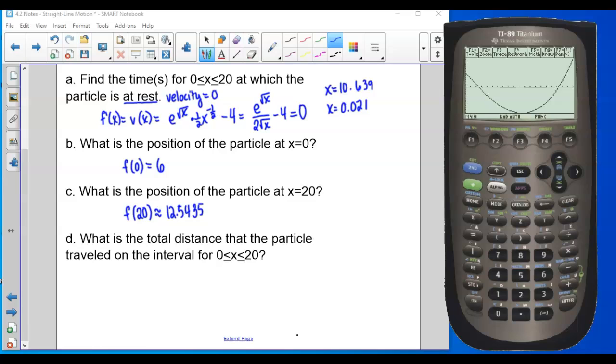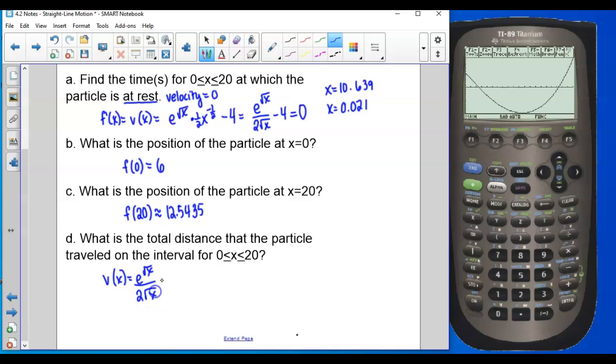So if we look at the derivative, that derivative again was v of x equals e to the square root of x over 2 square root of x minus 4. And we set it equal to 0, and we found out that it equals 0 at 0.021, so really close over here, and again at 10.639.